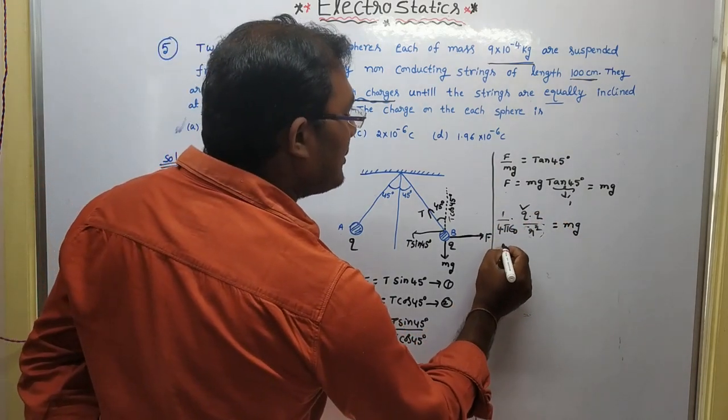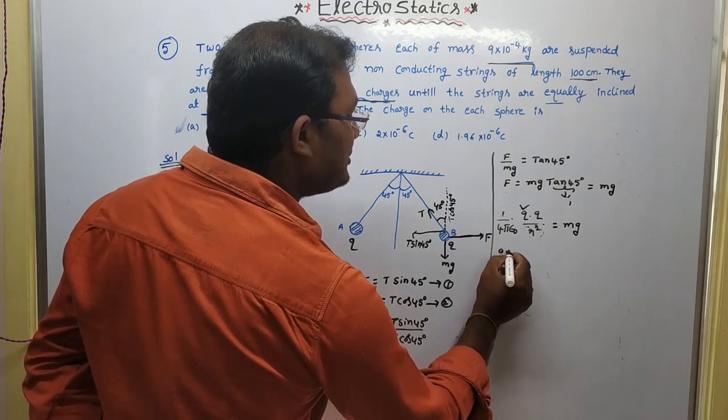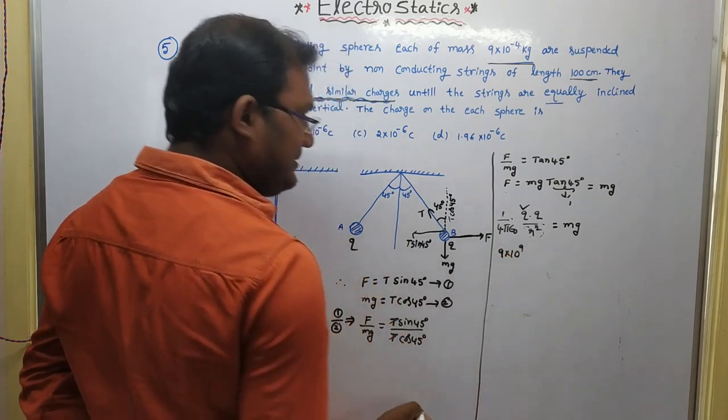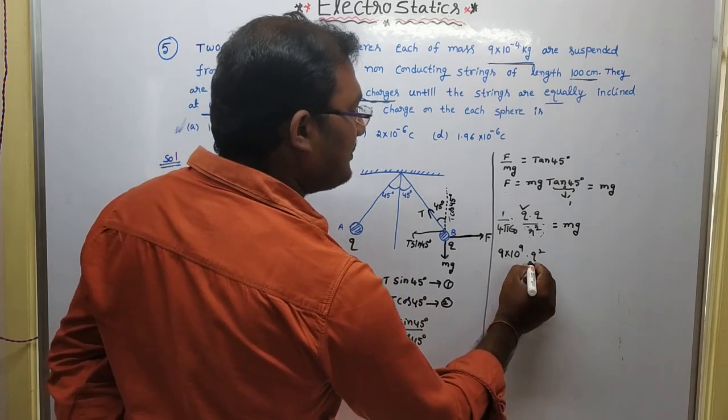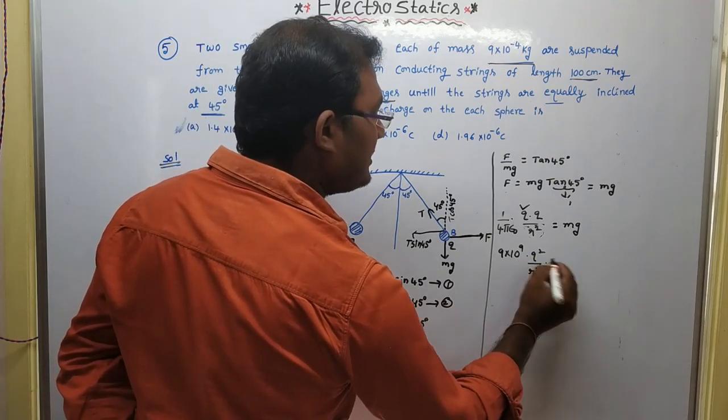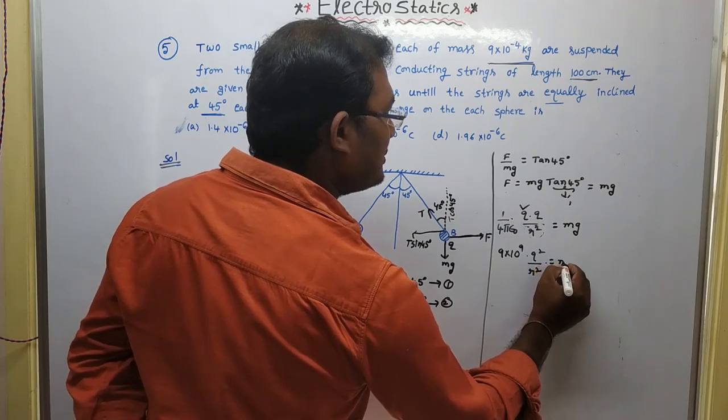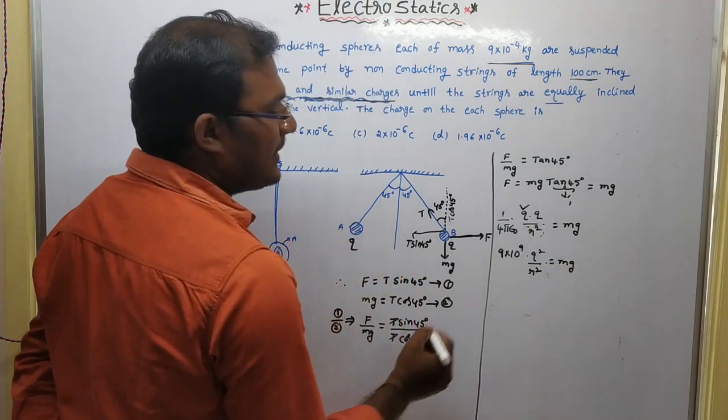Therefore, this value is 9 into 10 power 9, into q square by r square, equal to mg.